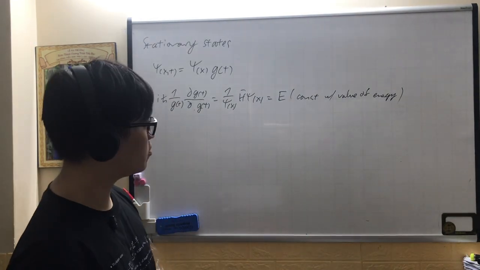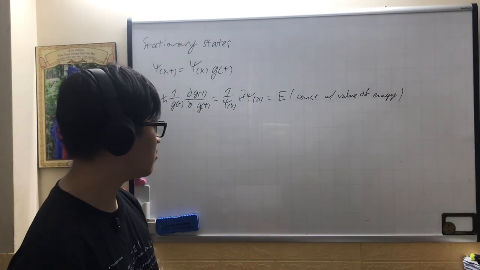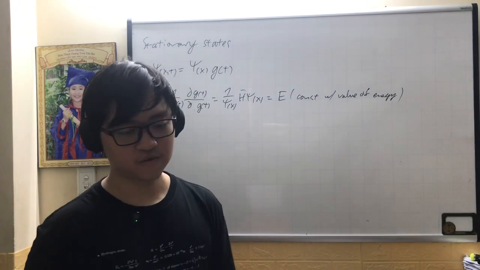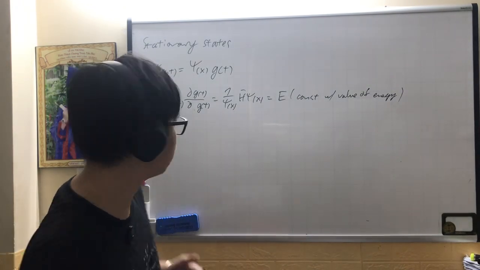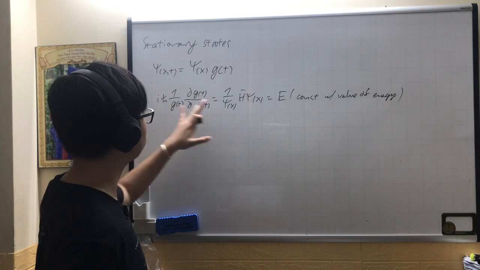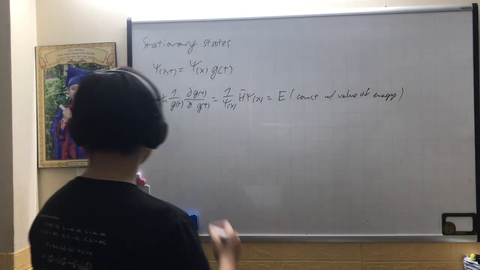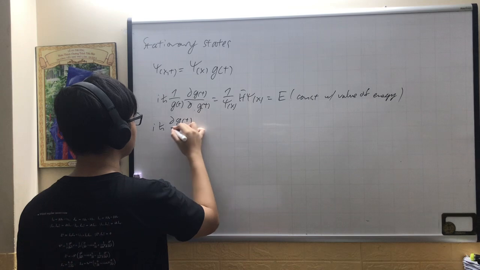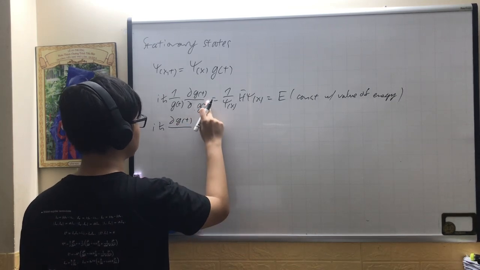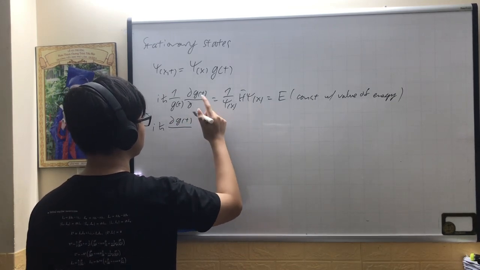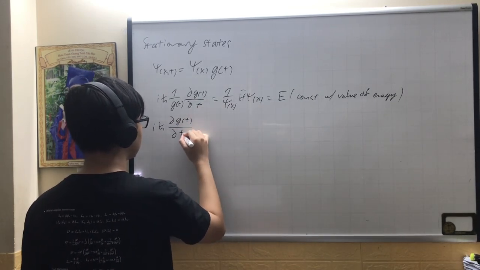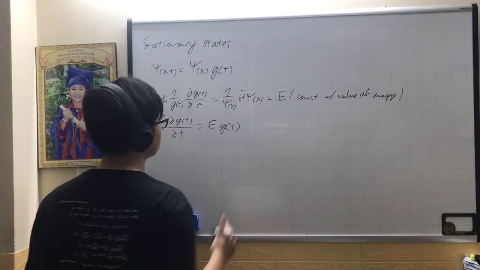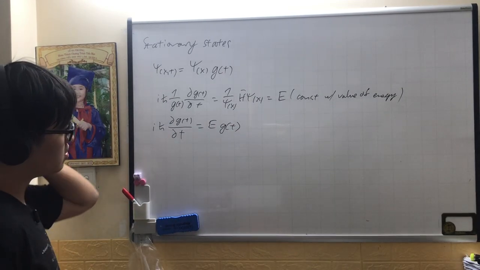So what you would want to do now is consider both of them independently of each other. First, we're going to consider the time part, so this part right here. We're going to consider i h bar dg/dt equal to the energy part.